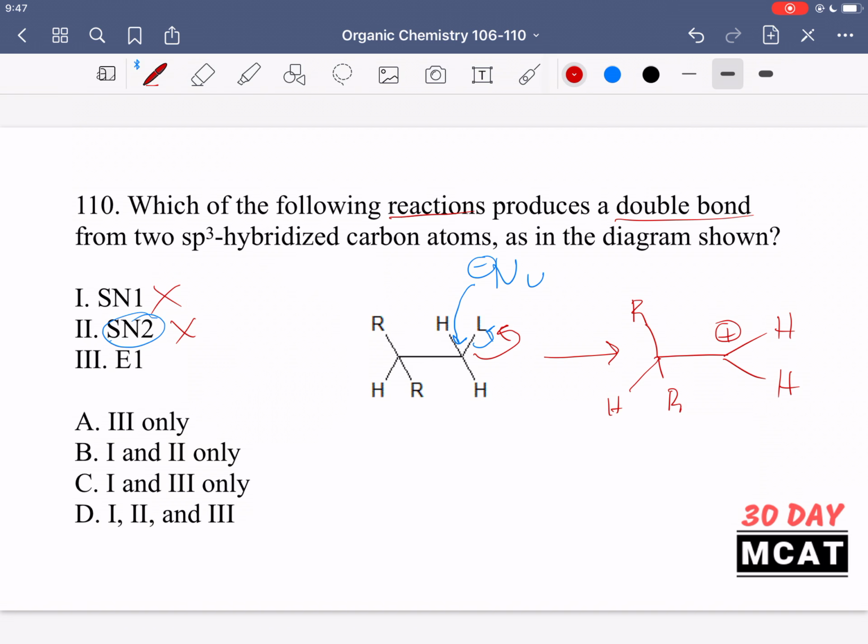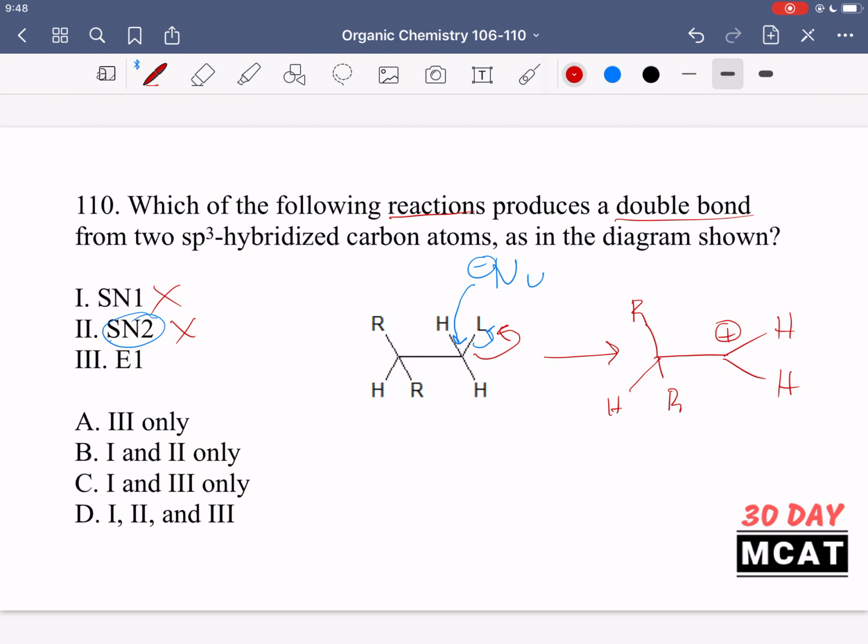So in both the SN1 and SN2, we have a substitution that's going on. That's why they're called substitution reactions. And then 1 and 2 talks about if we have a bimolecular or a unimolecular reaction. So in the rate determining step, how many molecules are involved. But either way, they still lead to two sp3 hybridized atoms, meaning single bonds, not double bonds.